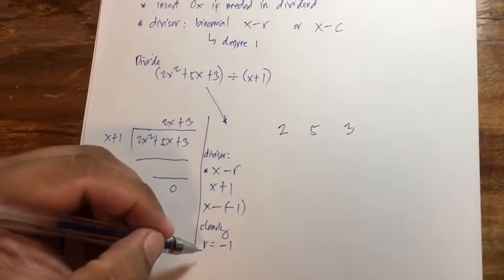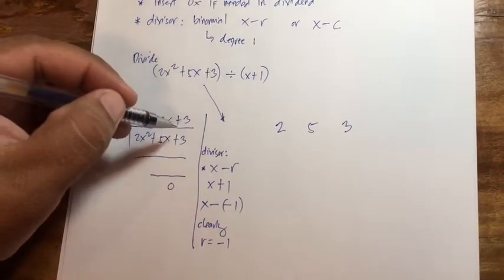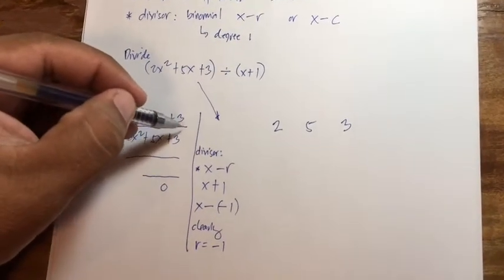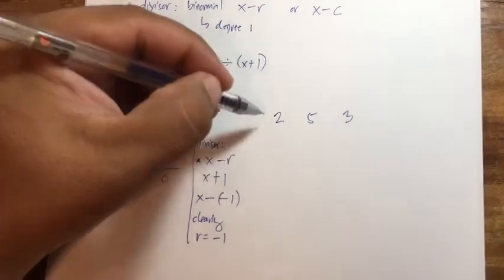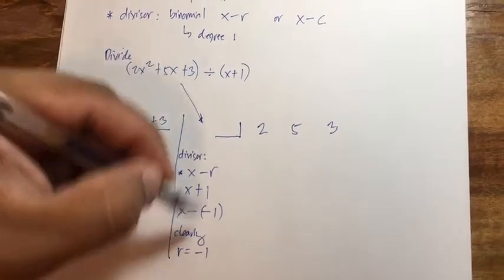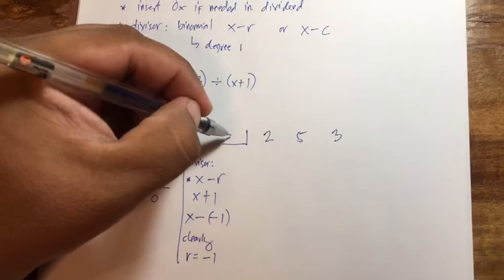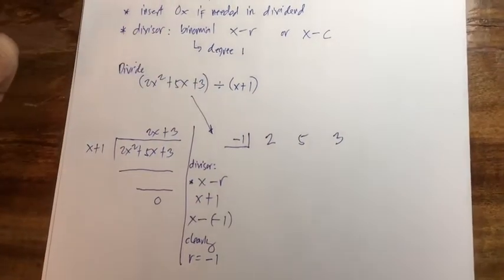Having r equals negative 1, we write an inverted bus stop symbol, and our value of r is here, negative 1.